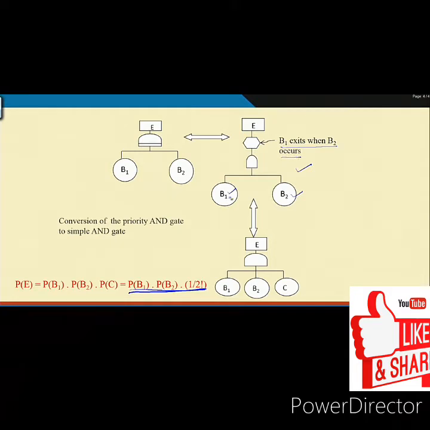That means B1 occurs before B2 occurs. So, this is equivalently represented by this: B1, B2 and this condition we are representing by C. So, it is an AND gate with 3 inputs B1, B2 and C. The probability of C is this. So, that is the derivation.